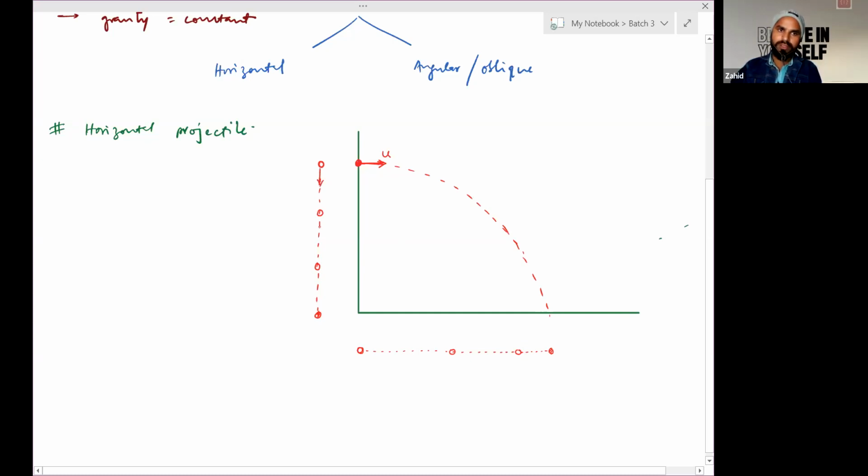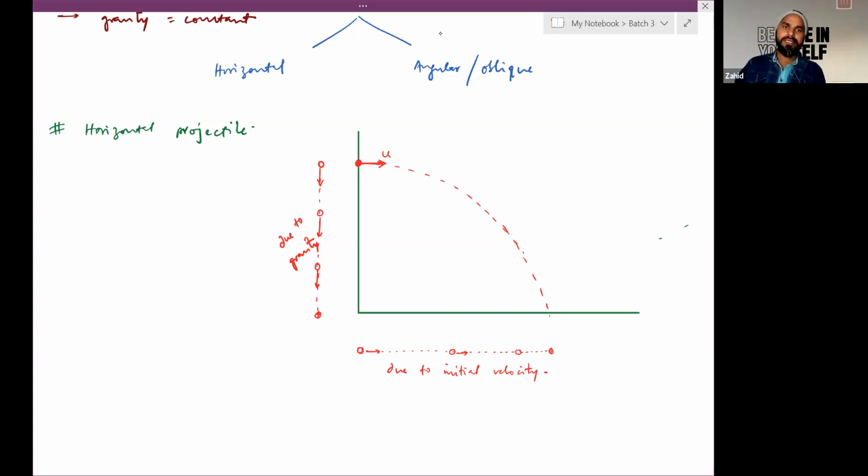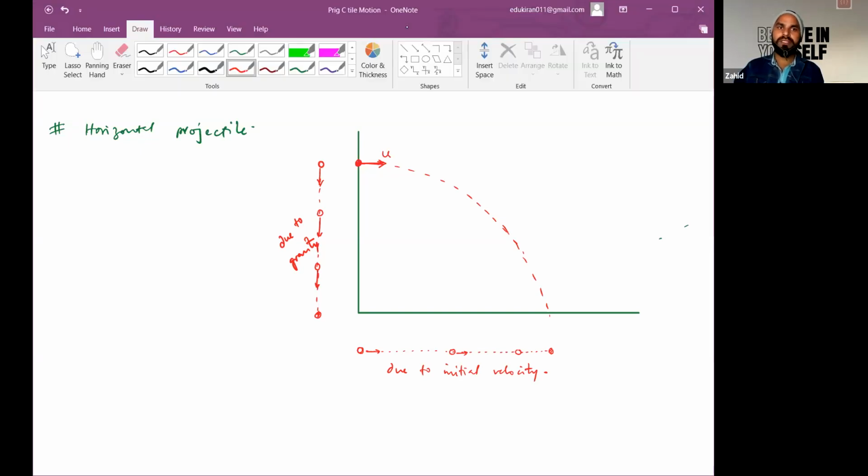One is along the vertical path due to gravity, and one is along the horizontal path due to initial velocity. Combined, the body is moving along a plane.